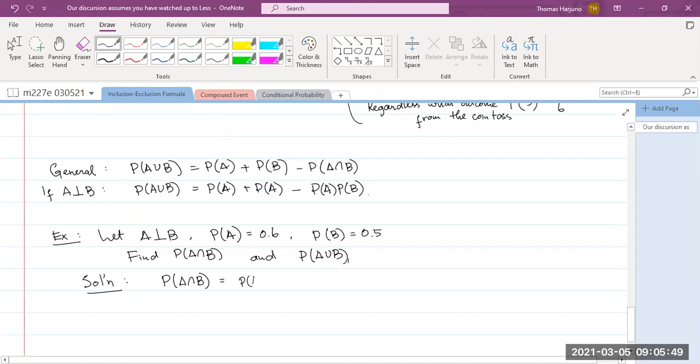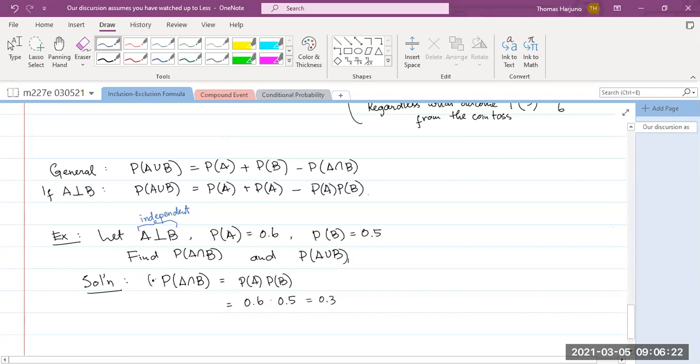Probability of A intersection B is probability of A times probability of B. That is 0.6 times 0.5. That is 0.3. Okay, so this notation again means independent. This is only true if A and B are independent.